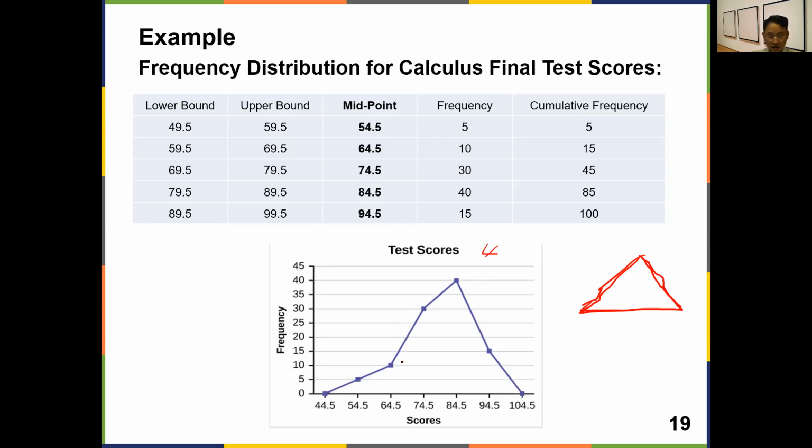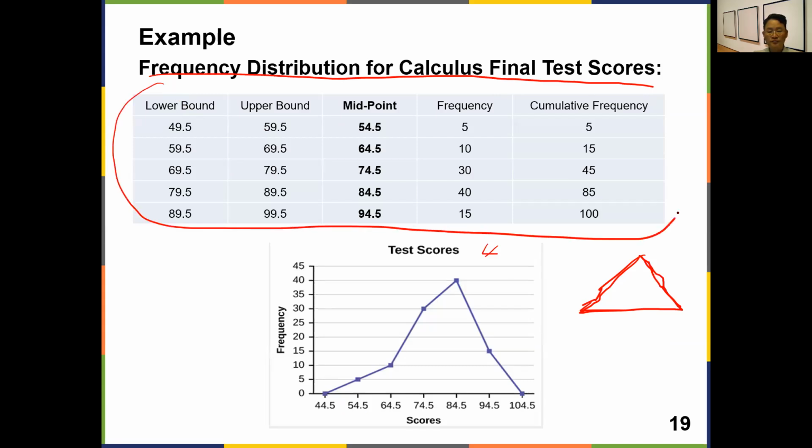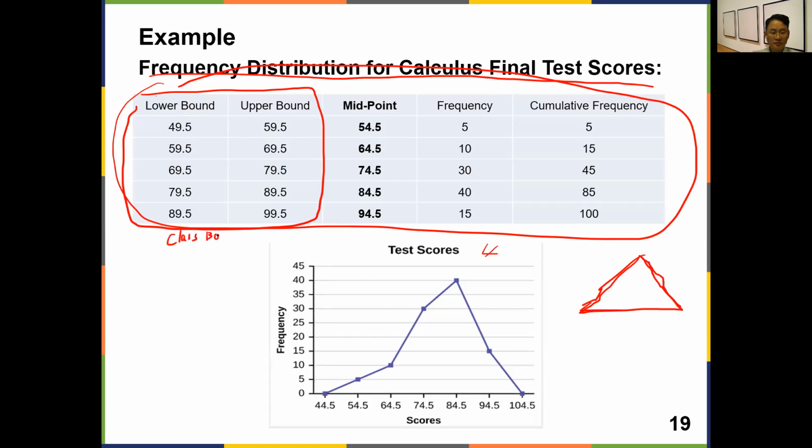Well, check this out. Let's say you have this frequency distribution for the calculus final test score, and you have this table. Remember, these two are the class boundary.